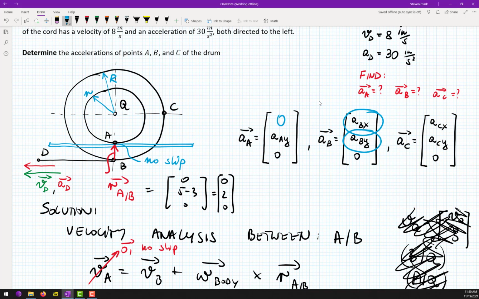Yeah, that's good. Especially about that value. So it will be -30, because acceleration of point D is 30. Great.